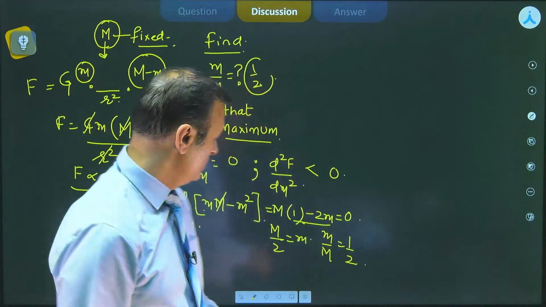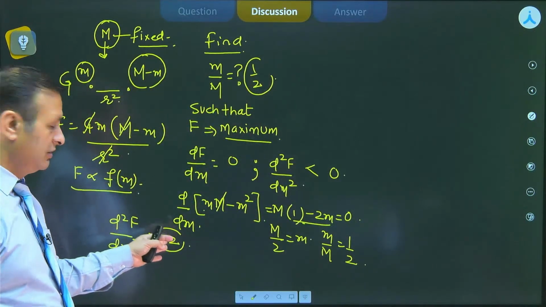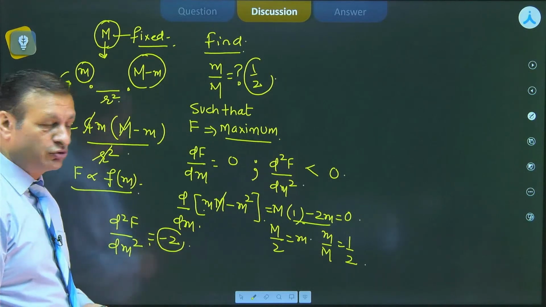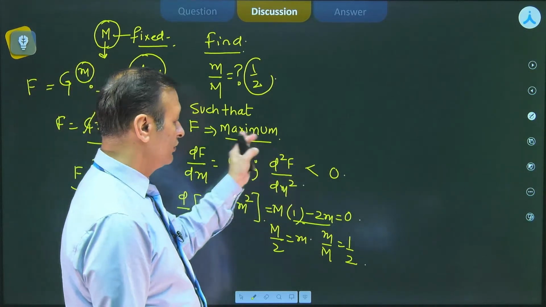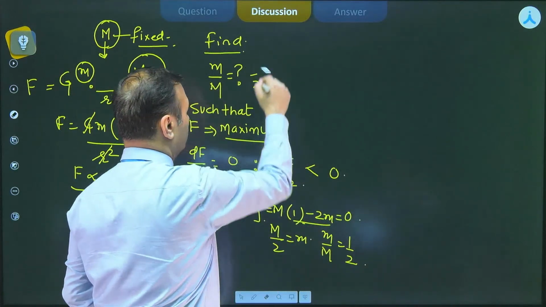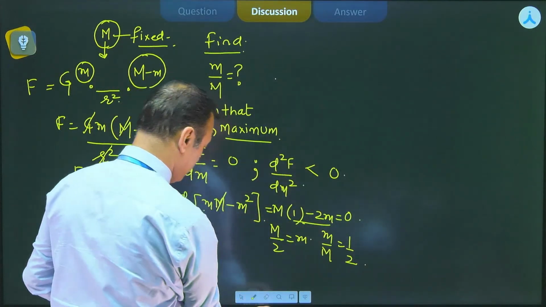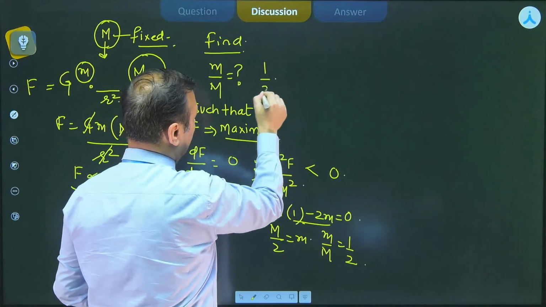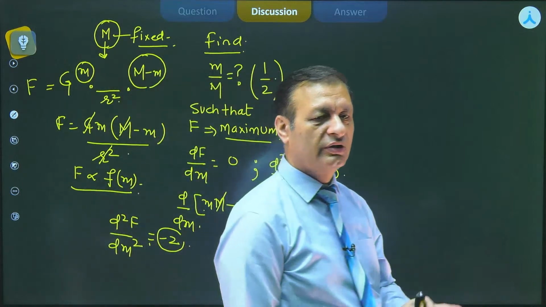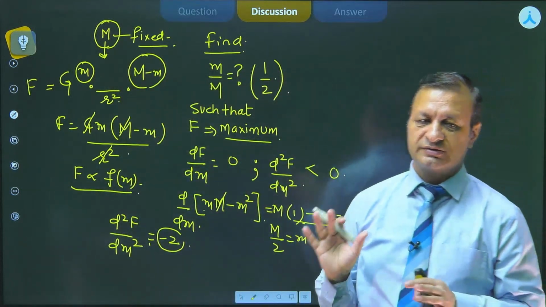It gives me second order derivative of f with respect to small m as -2. So that satisfies the condition for the force to be maximum. And your question was for this ratio, and this ratio is 1:2. Any doubt from this part?